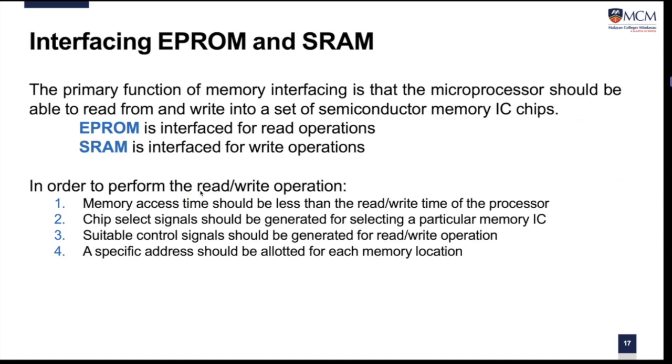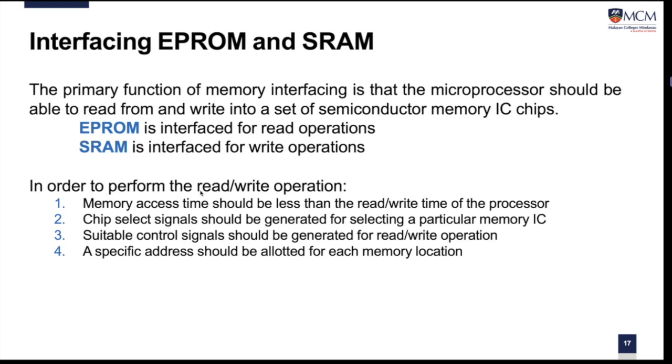Interfacing EEPROM and SRAM. So the primary function of memory interfacing is that microprocessors should be able to read from and write into a set of semiconductor memory IC chips. EEPROM is interfaced for read operations. SRAM is interfaced for write operations.